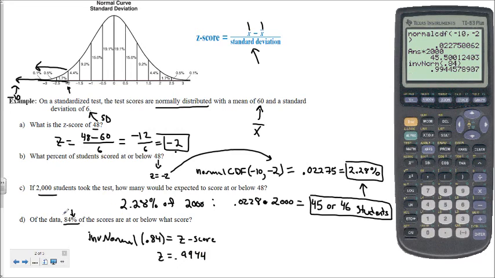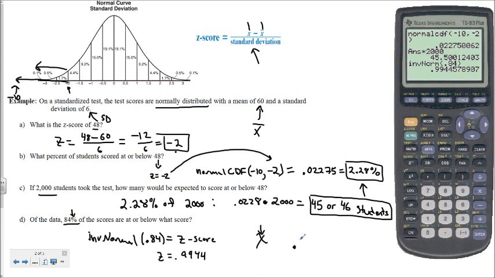And the question was asking of the data, what score on this test or this exam would give me 84% of the students at or below. Well, remember I have this z-score formula, and I have the mean and standard deviation. I'm trying to find the score on the test, or the x value, associated with that percentile rank. So I'm going to fill in all of these numbers.